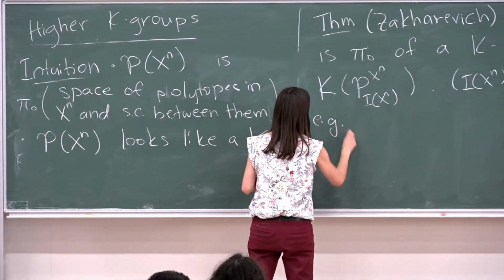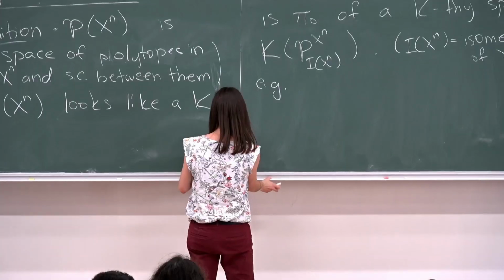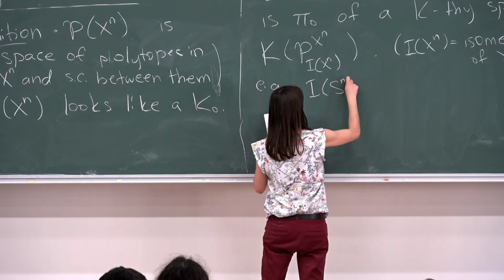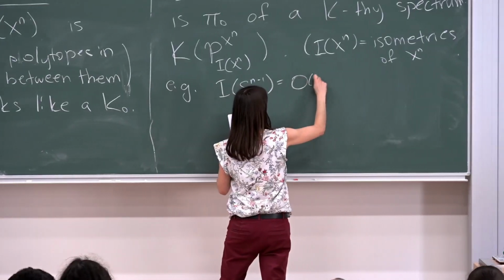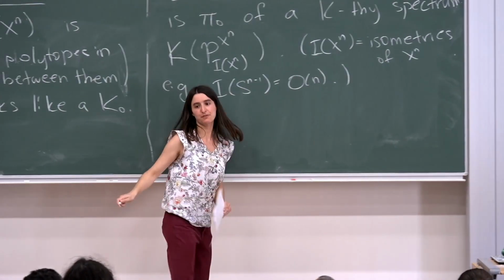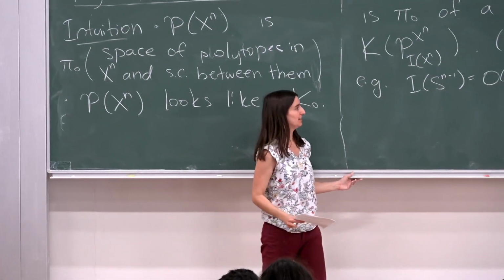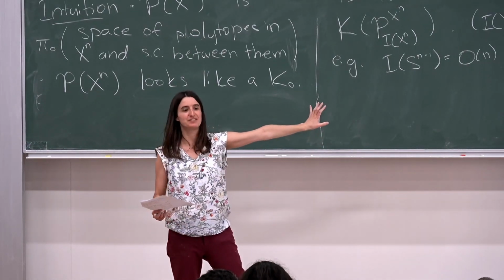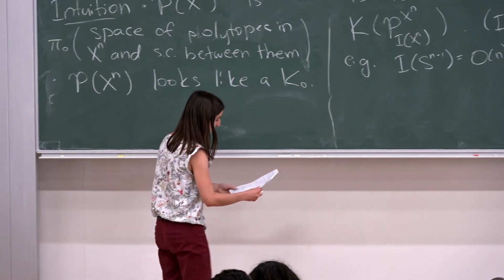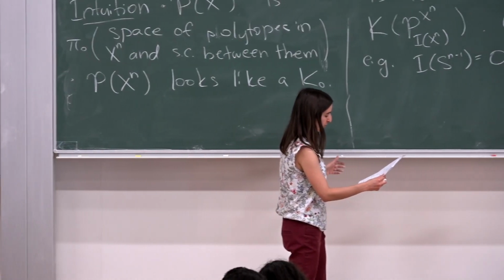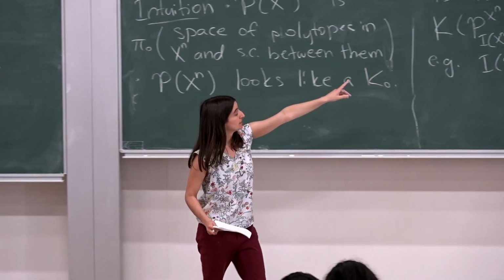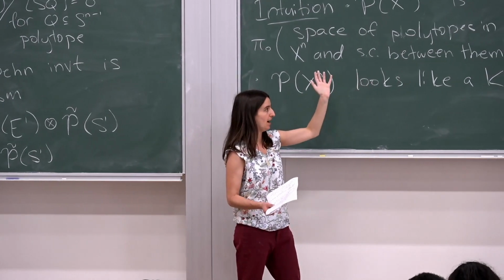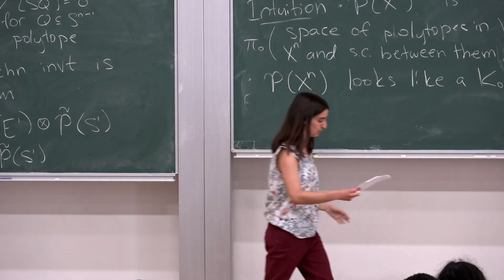For example, I(S^(n-1)) is the orthogonal group O(n) with a discrete topology, but we'll say more about that later. So scissors congruence K-theory is pi 0 of some K-theory spectrum, which is great.